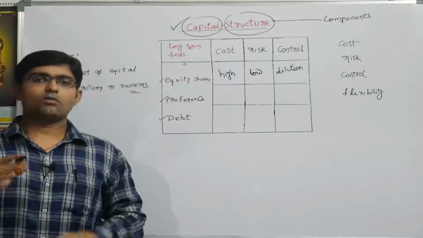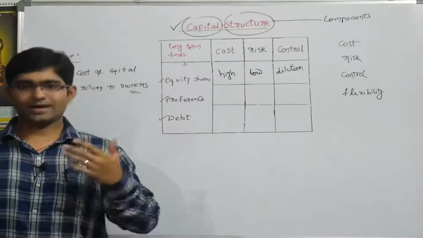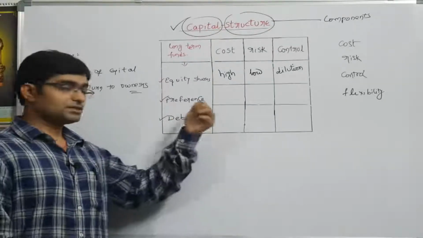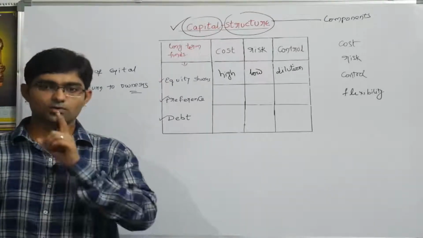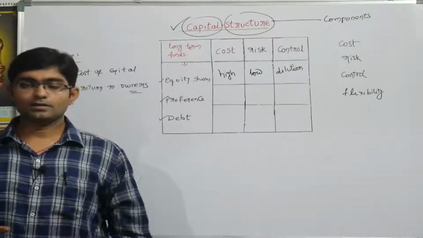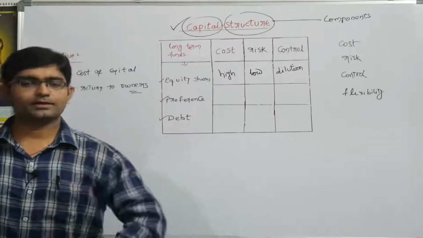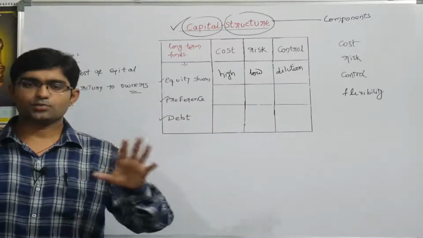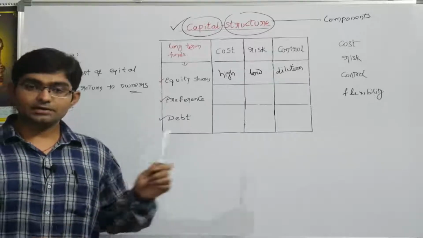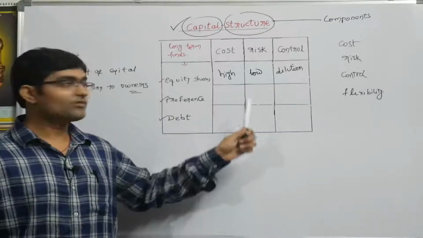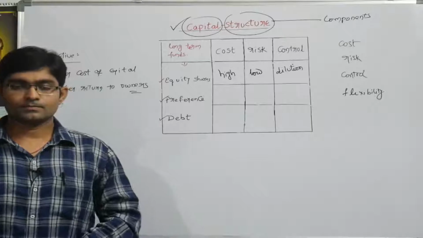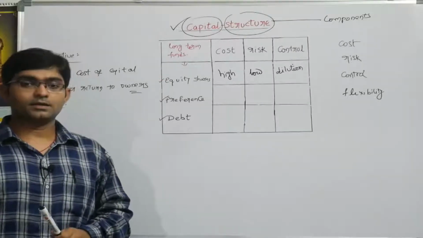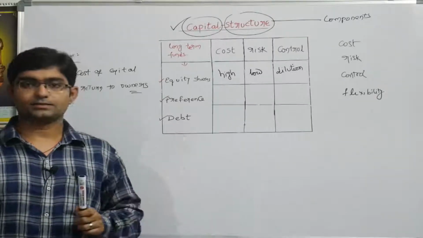It means whenever the profits are not available, these preference shareholders have to keep quiet, but their dividends get accumulated, and whenever during the next years sufficient profits are available, their dividends need to be paid before equity shareholders. That means there is a risk.